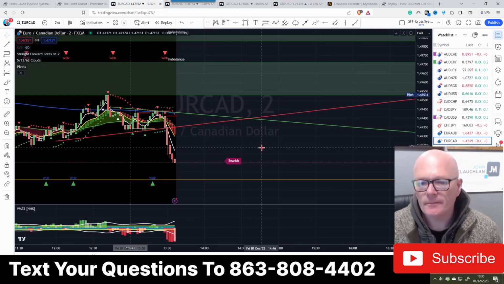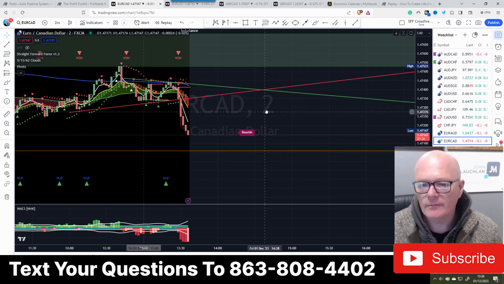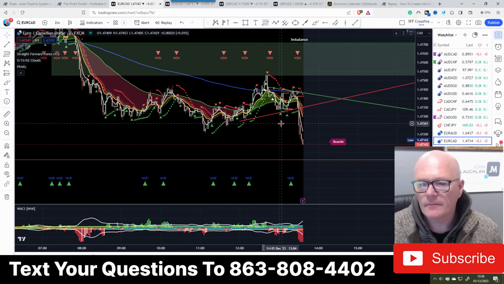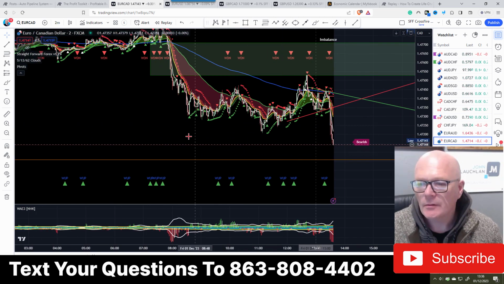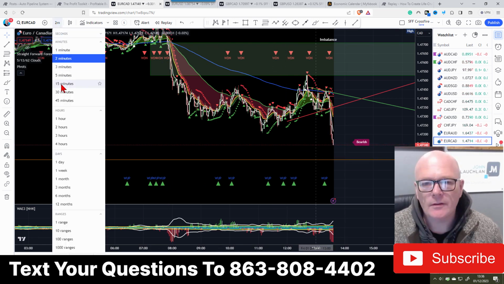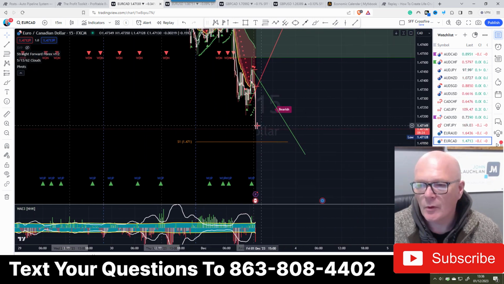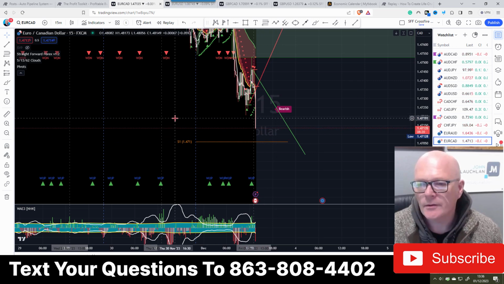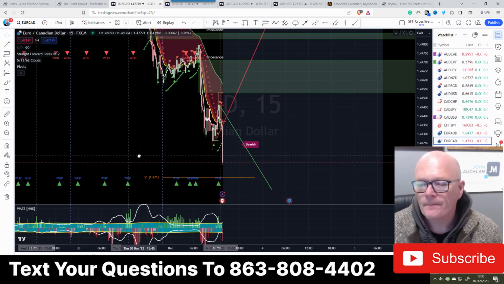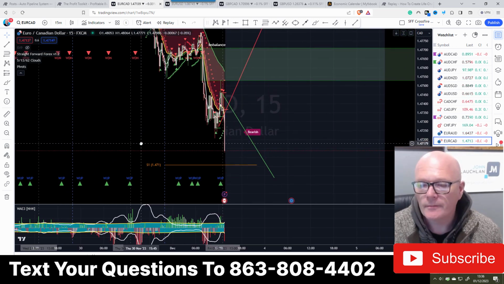See what CAD's doing. Oh, CAD's still going down. So are we going to see a touch of this pivot? Let's get on to the 15-minute. See what I mean? So the S1 pivot, chances are it may well go down to the pivot before it goes shooting back up again. It could well do that.